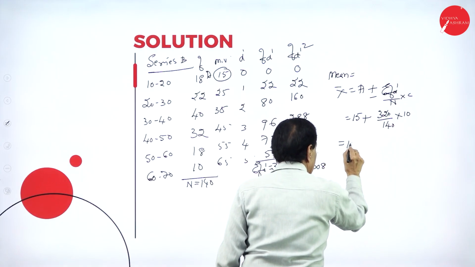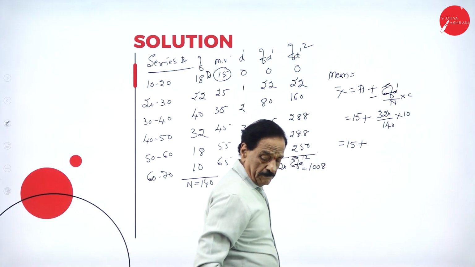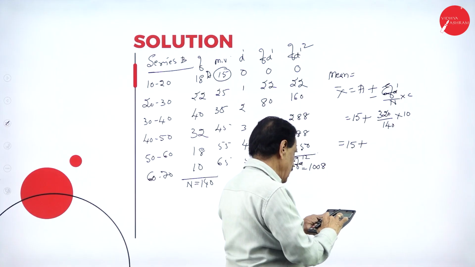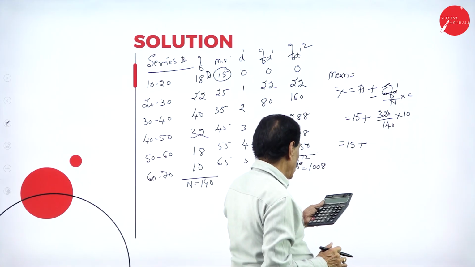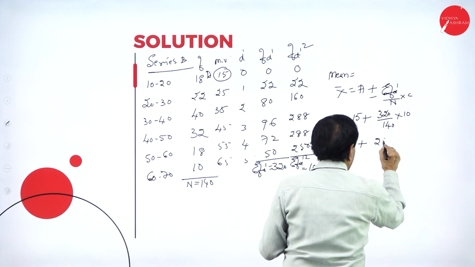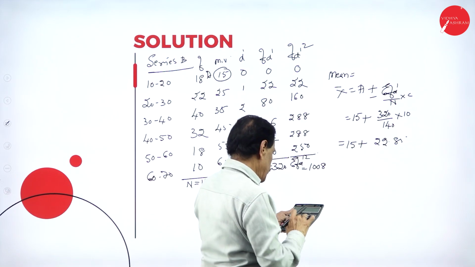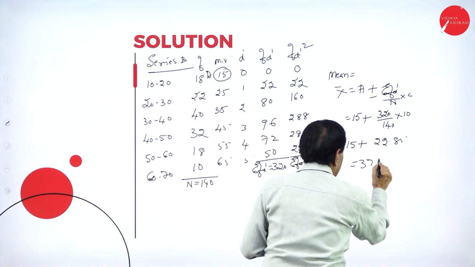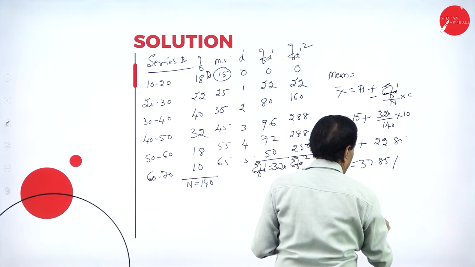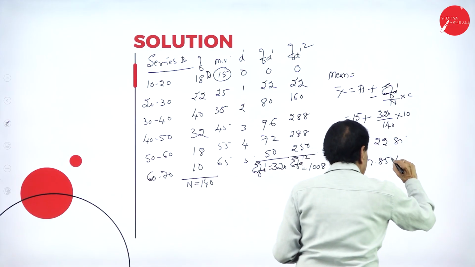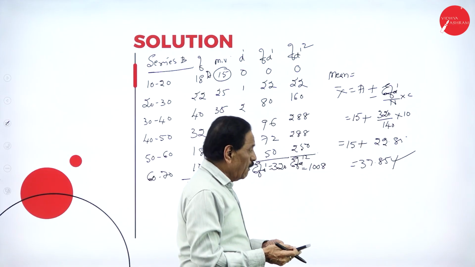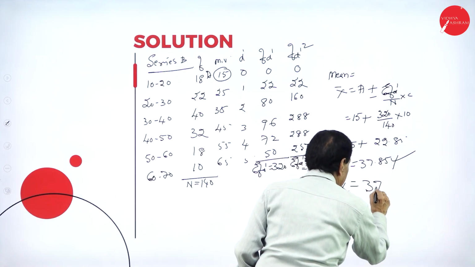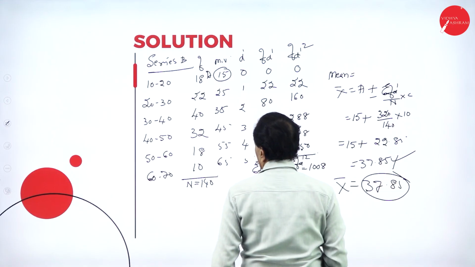This is 15 plus 320 divided by 140 into 10, which is 22.85 plus 15, 37.85. Now, we did mean. So, mean is equal to 37.85.